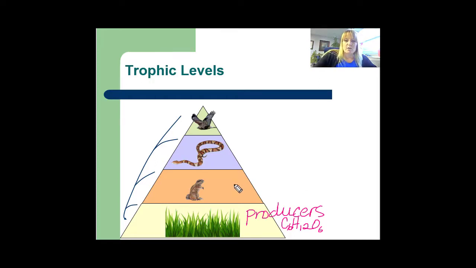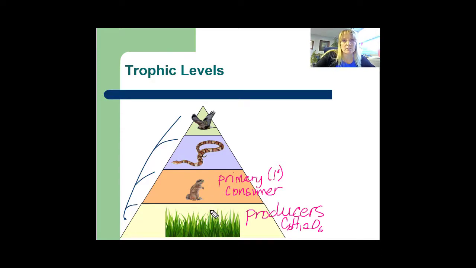From there, you go to the primary consumer. So the producer produces the original organic energy that will be used.